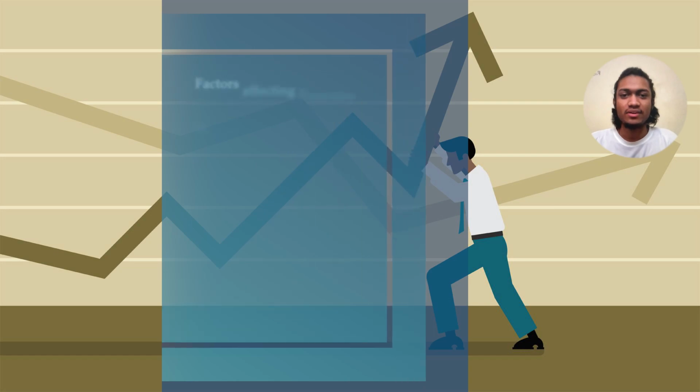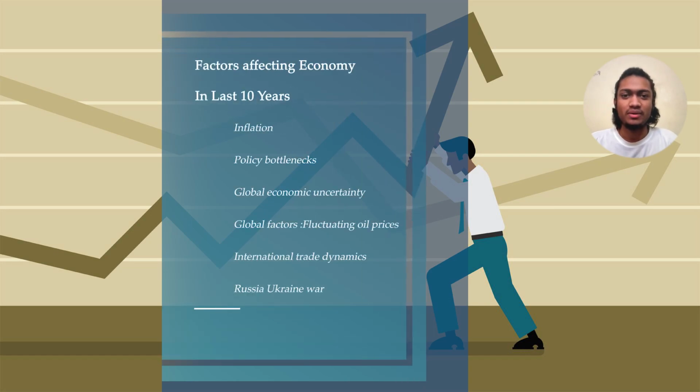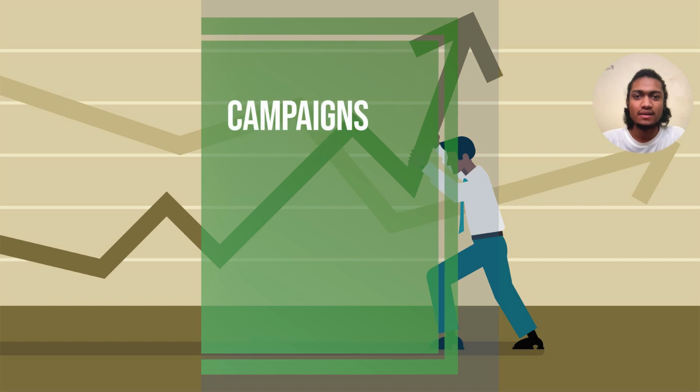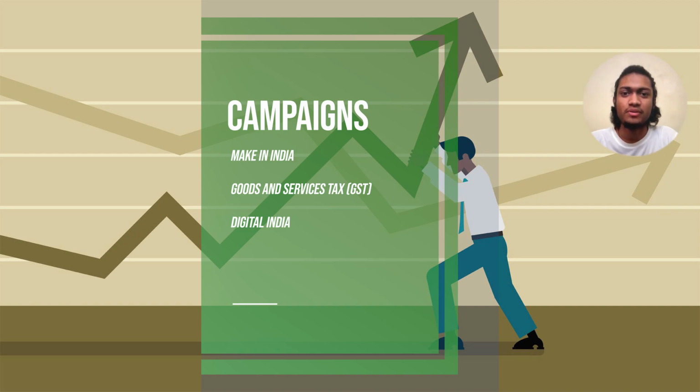There are several factors which slow down the economy, including a high inflation rate, policy bottlenecks, and global economic uncertainties. However, campaigns like Make in India, the introduction of the Goods and Services Tax, GST, and the Digital India initiative aim to improve ease of doing business and attract foreign investments.